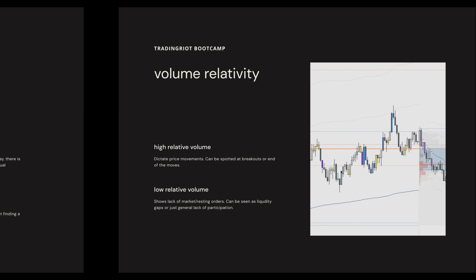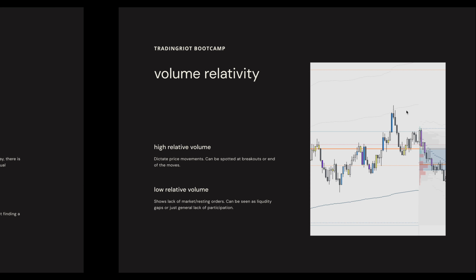For example, these blue and purple candles show high relative volumes and the yellow ones show low relative volume. You can see how this move higher started on a low relative volume and gets immediately filled back, this one gets filled here, then the market moves higher and the volume picks up.